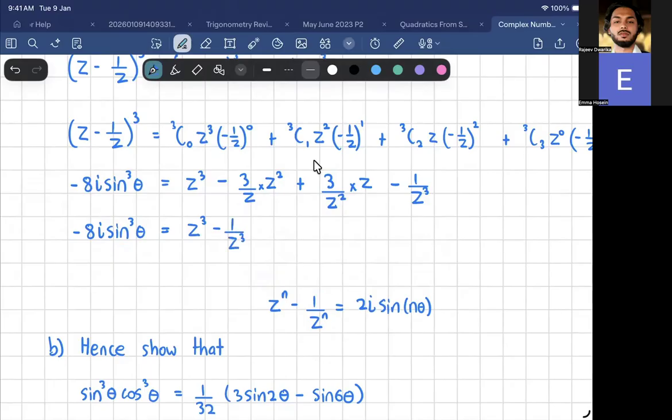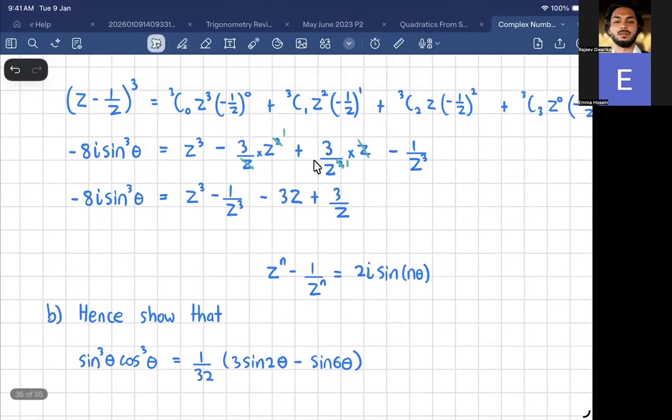And over here, just going to simplify this quickly. So if you work that out, that'll be minus 3z plus 3 over z. So what will we have to factor out?